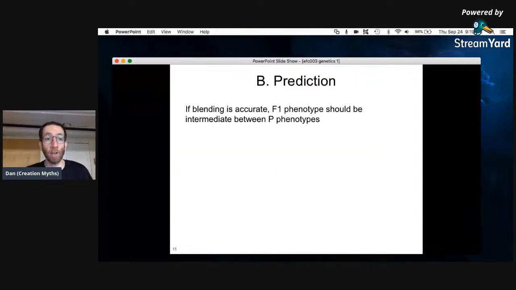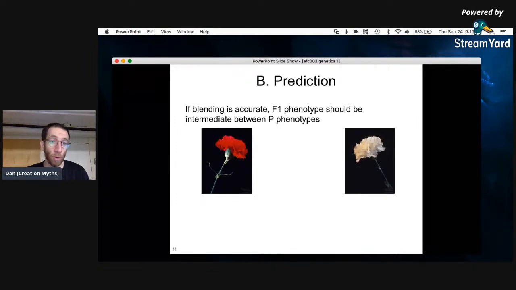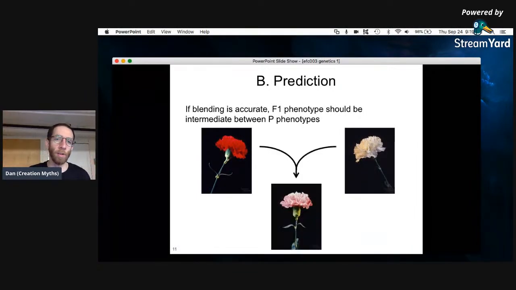So here is your prediction. If blending is accurate, the F1 phenotype should be intermediate between the P phenotypes. So if you have parents, for example, that are red and white, and blending is the appropriate explanation for how this trait is inherited, then what are we going to expect in those flowers, in the offspring? They should be, I'm assuming everyone just said it when you heard it, they should be pink.